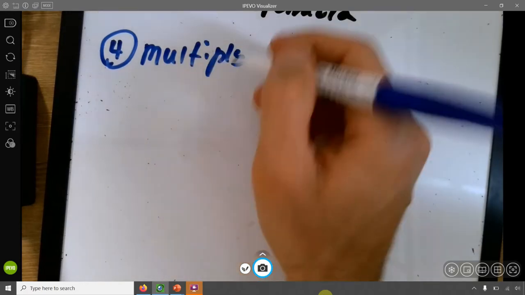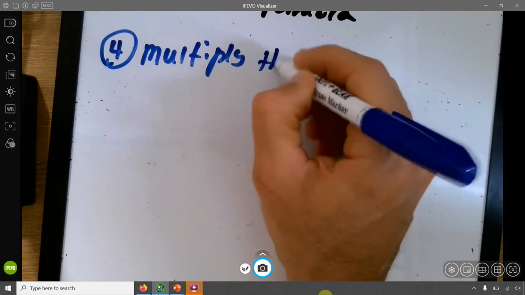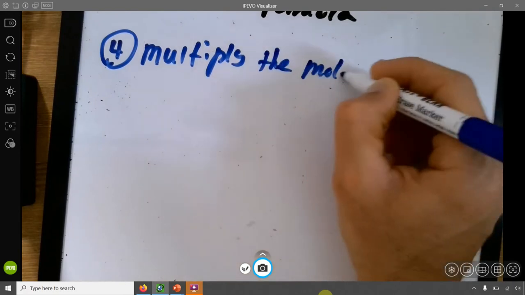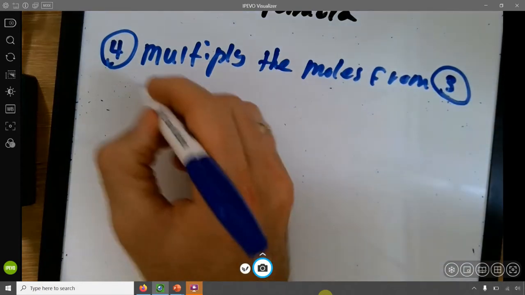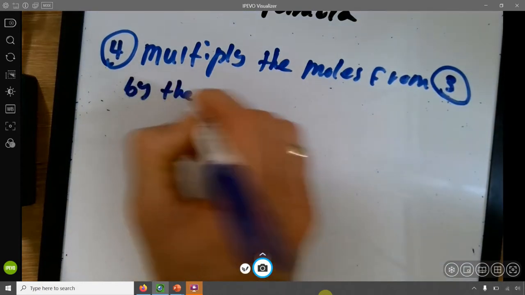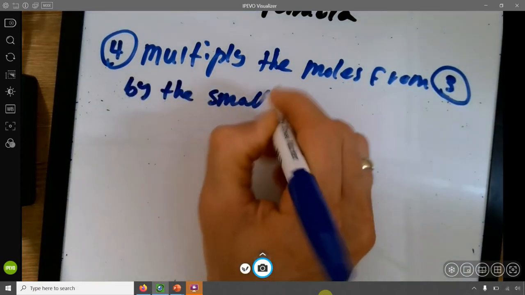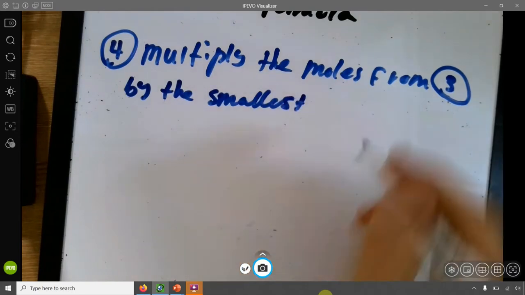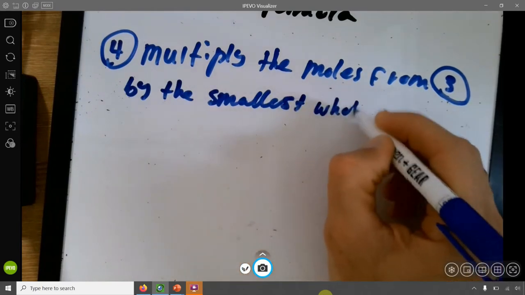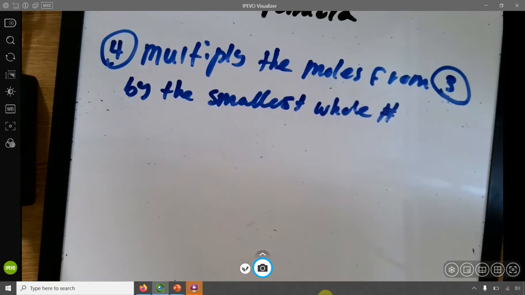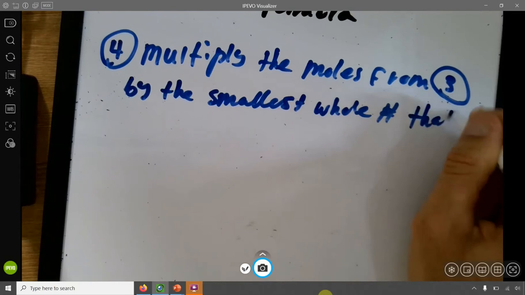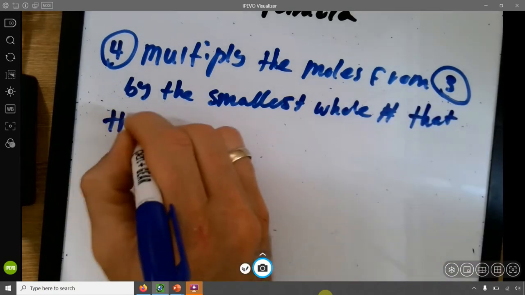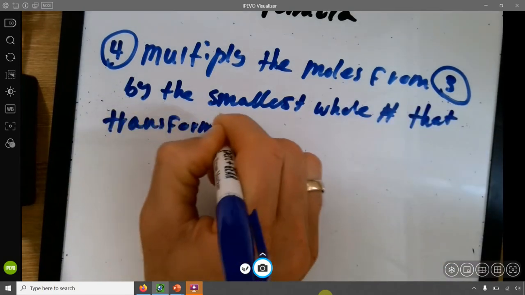Multiply the moles from 3 by the smallest whole number that yields integers, that transforms the figures into whole integers.